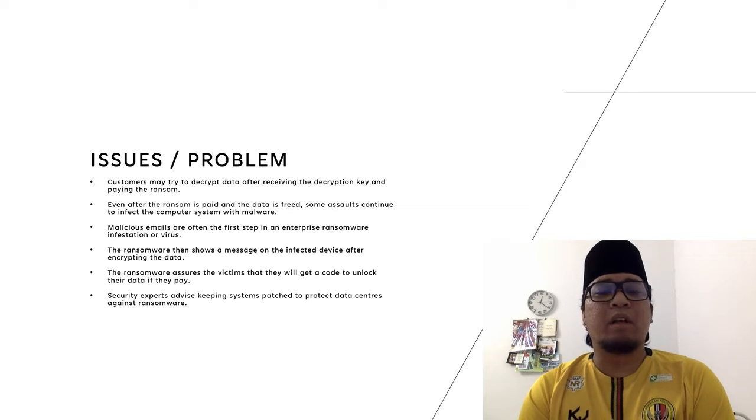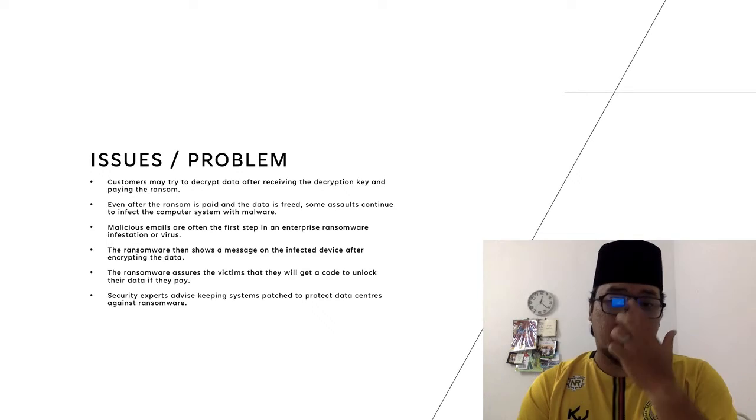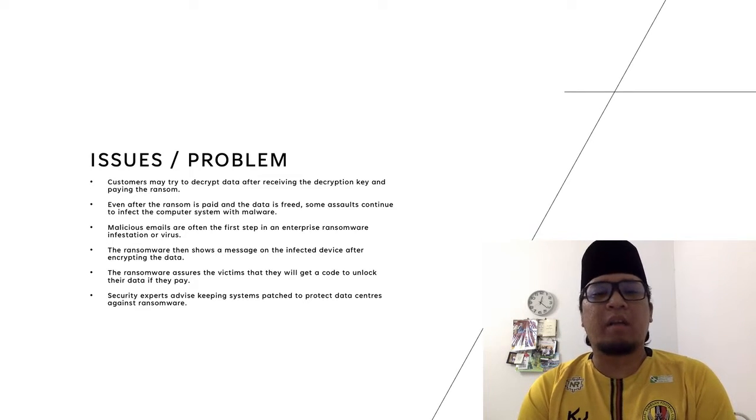Since companies are most likely to pay the ransom to regain access to the system and continue normal operation, encrypting ransomware has shifted its focus from primarily targeting personal computers to increasingly targeting corporate users. Malicious email is often the first step in an enterprise ransomware infestation. A user who is not paying attention opens a malicious attachment or clicks on a compromised URL.